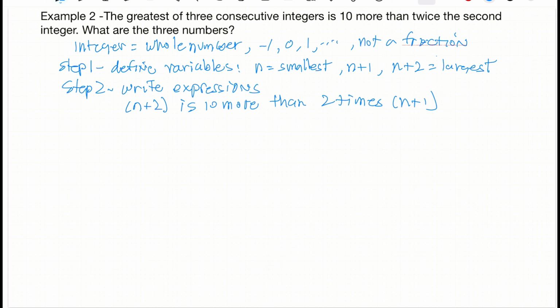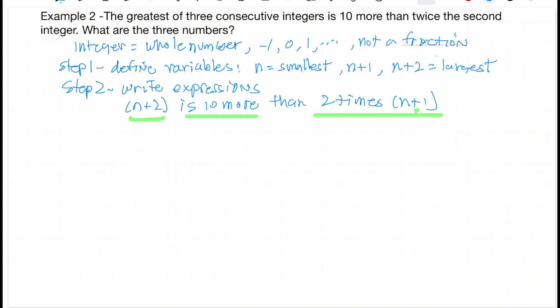So the greatest of the three integers, n plus 2, is 10 more than 2 times the second integer. So that's the second integer. That's what we're converting these words into an equation.